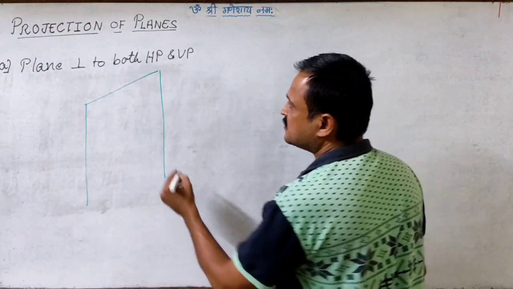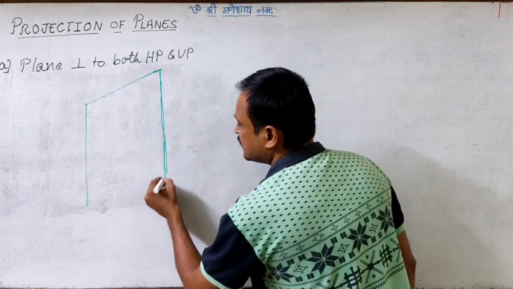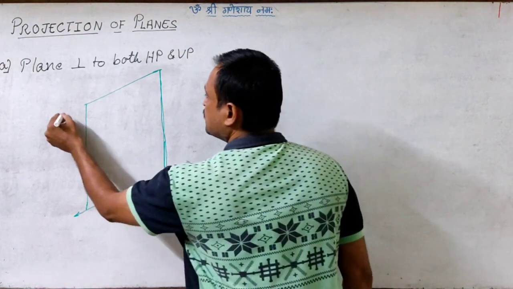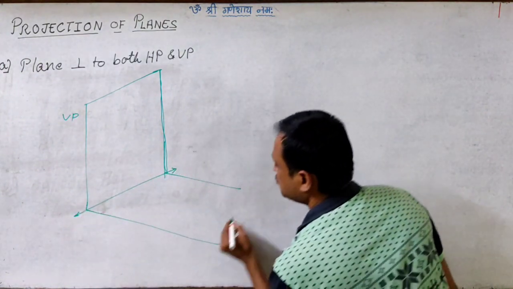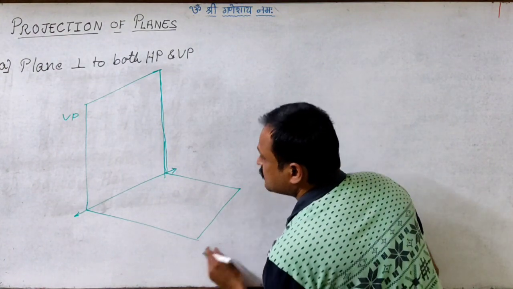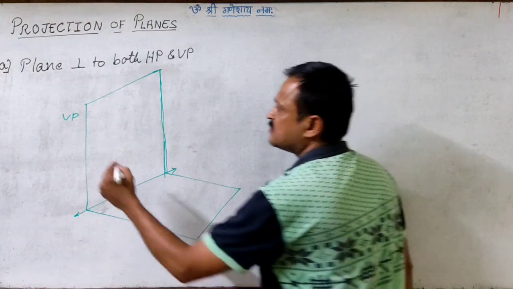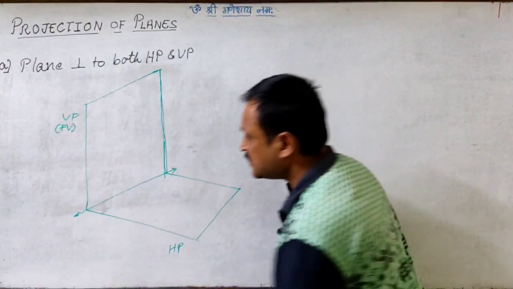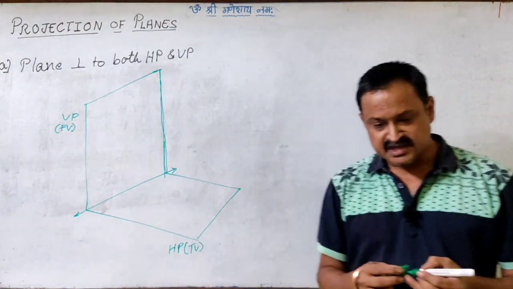As we have seen earlier also, let us try to understand with a pictorial explanation. So this is the vertical plane and this is the horizontal plane, right? Here we will get the front view or the elevation of the plane, and here we will get the top view or the plan of the plane, right?